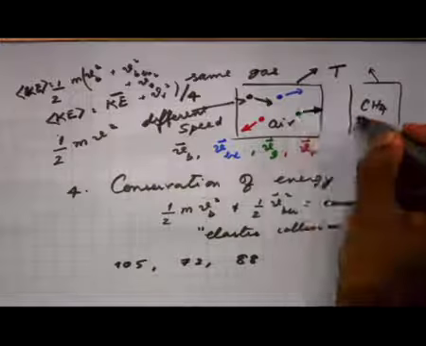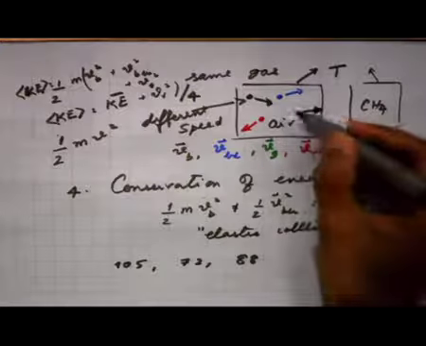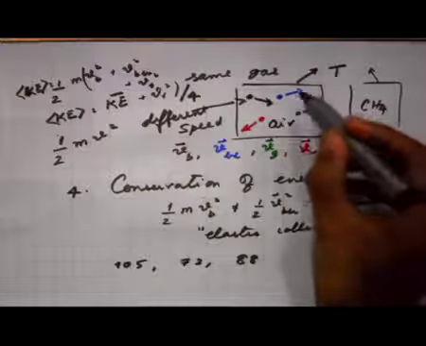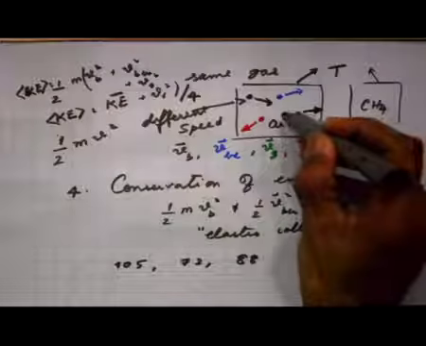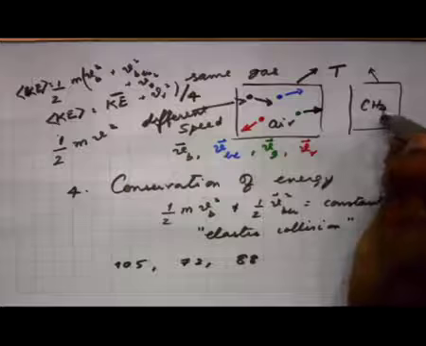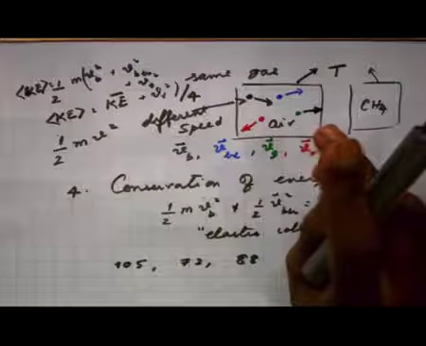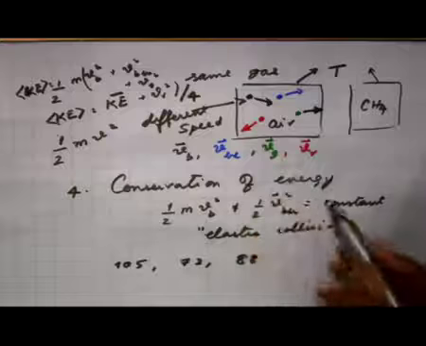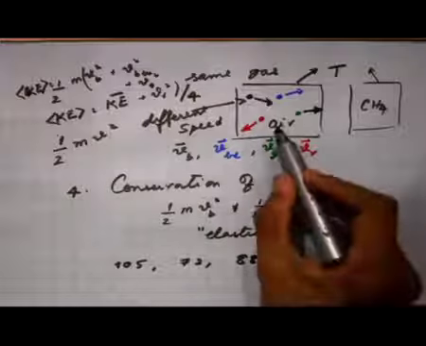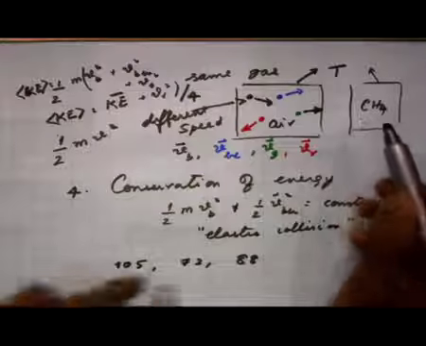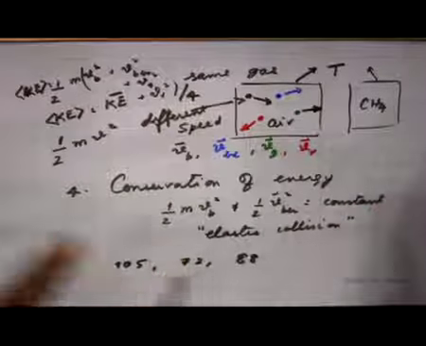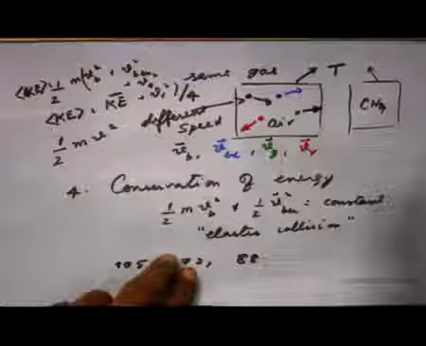Now, what we are saying is that the average kinetic energy of all the molecules in both air as well as in methane would be the same. And we also say that the temperature is proportional to the kinetic energy. Okay? So there are three parts to that thing about the kinetic energy.